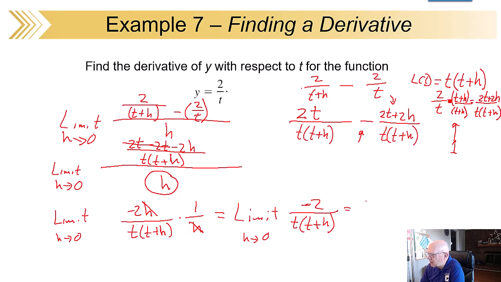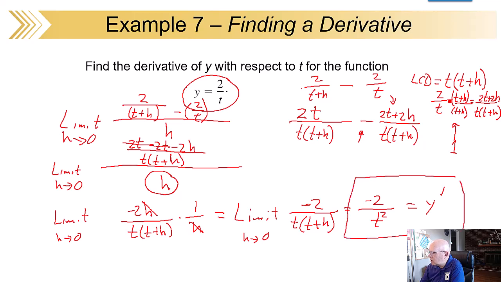What's left? Well, the negative 2 is just negative 2. Here I've got t times only t, so this is t squared. There is the derivative. This is y prime. Starting with this, ending up with negative 2 over t squared.